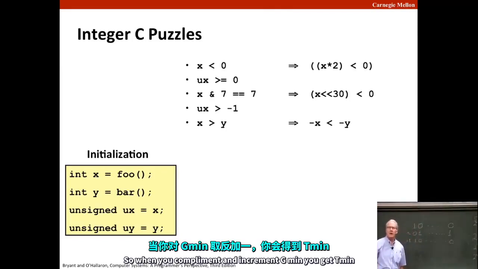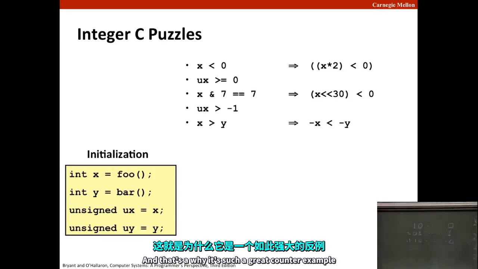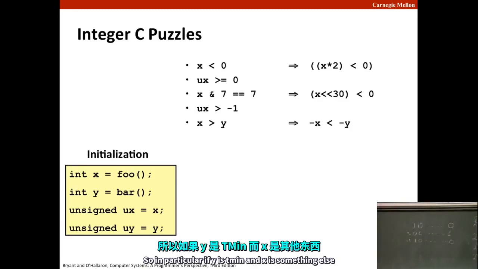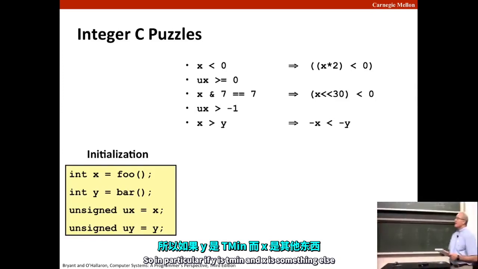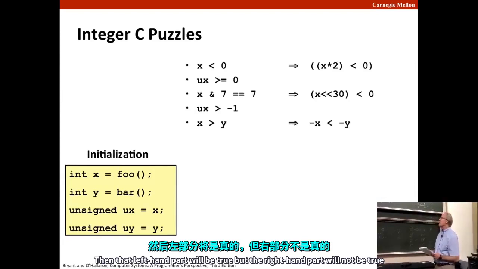So when you complement and increment T-min, you get T-min. And that's why it's such a great counterexample. So in particular, if y is T-min and x is something else, then that left-hand part will be true, but the right-hand part will not be true.